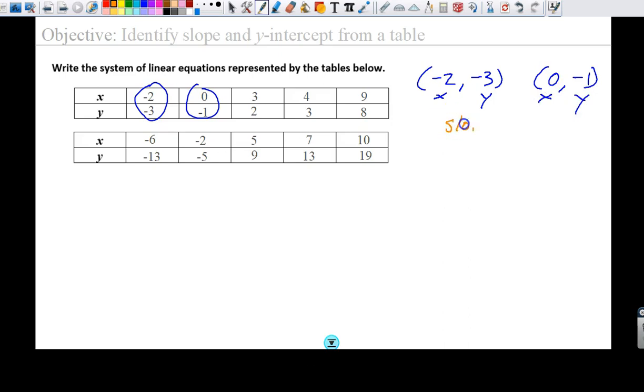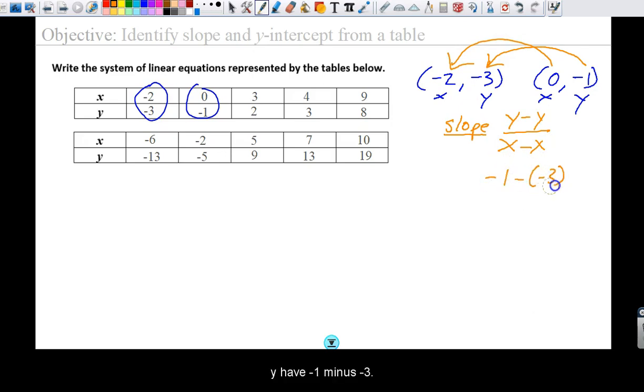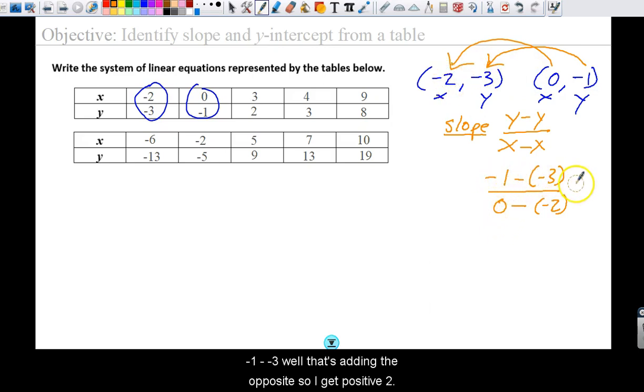So the slope in this case would be y minus y, and then x minus x. That's the rise over the run. Well, I have -1 minus a -3, and I have 0 minus a -2. -1 minus a -3, well, that's adding the opposite, so I get +2 over +2.